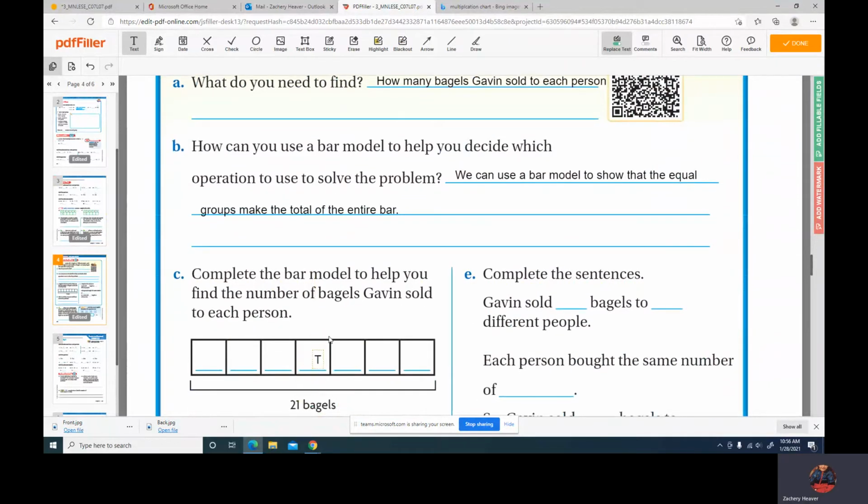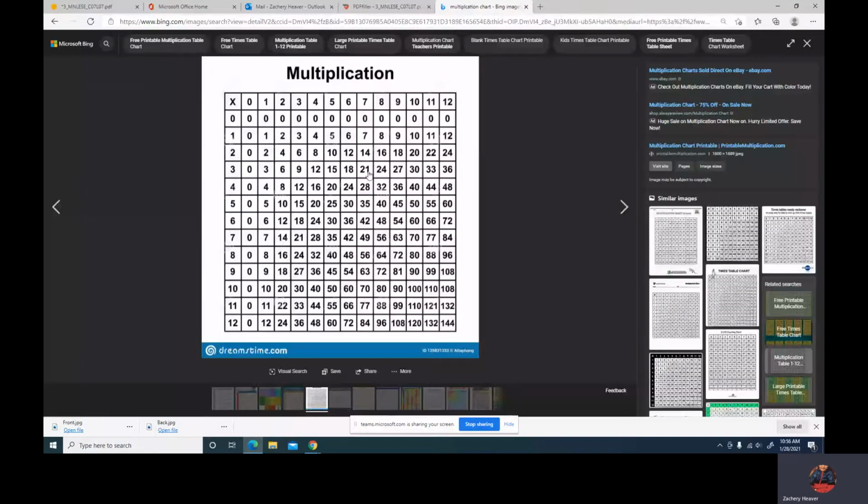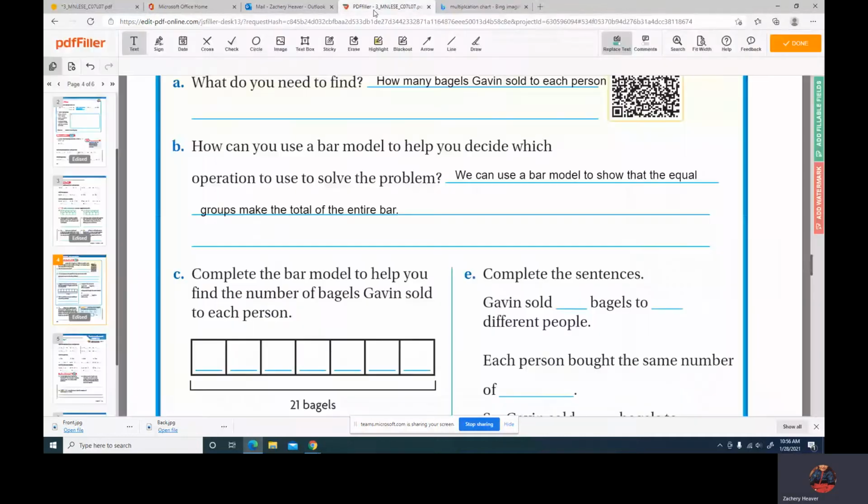So we have 21 total, and there's 7 boxes. So if I use 7, go down to 21 and go over, in each box, it should be 3. So all we're going to have to do in each box is fill in 3, 3, 3, 3, 3, 3, and 3. And we know 3 times 7 is going to be 21 as well.